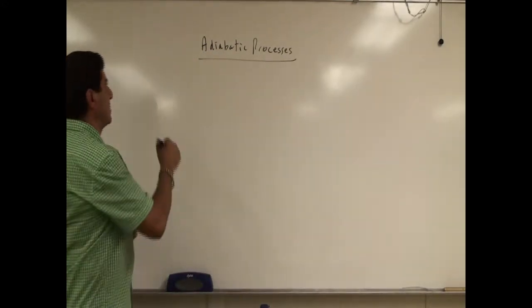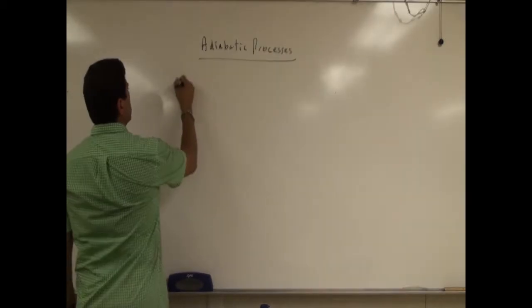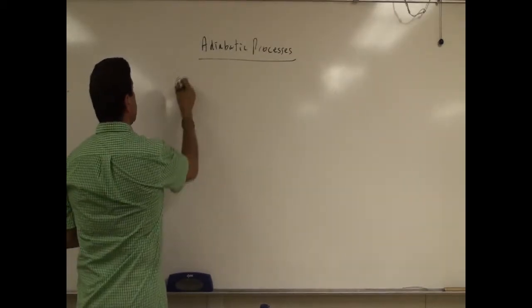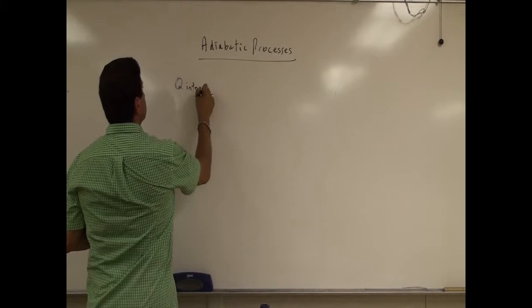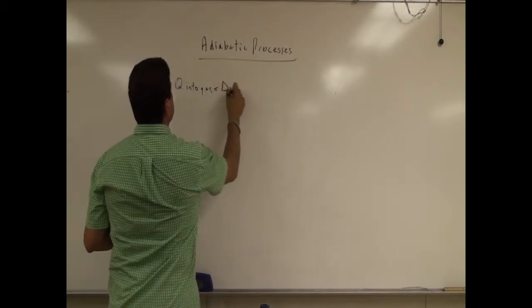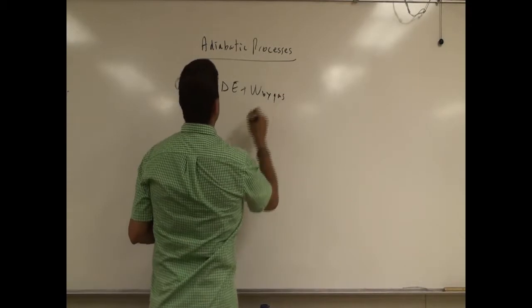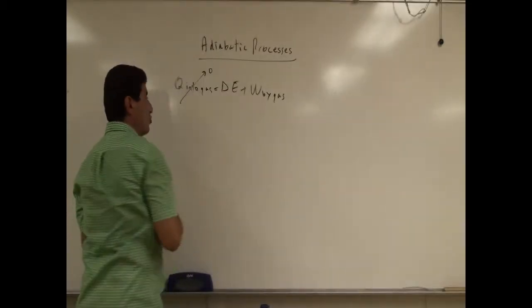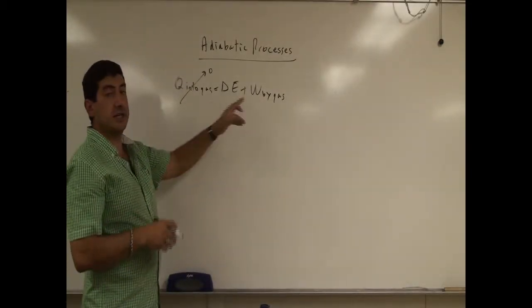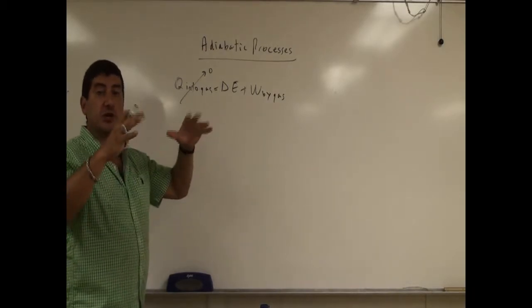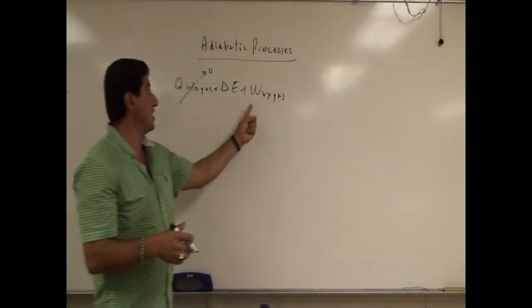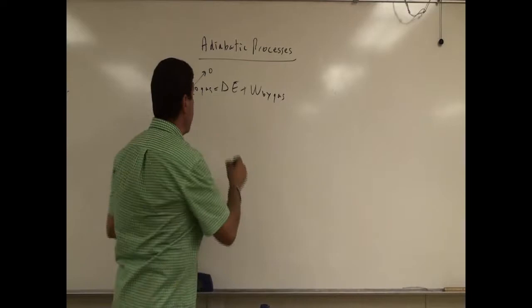So what is adiabatic expansion? Adiabatic expansion is when the heat into the gas, which is equal to the change in the energy of the gas plus the work done by the gas, is equal to 0. That means the gas, when it expands, does work against the environment, and therefore the work that it does is positive.